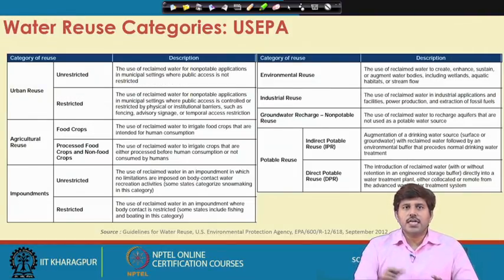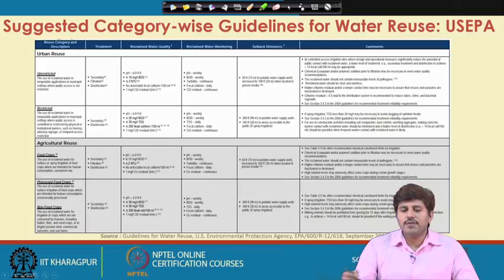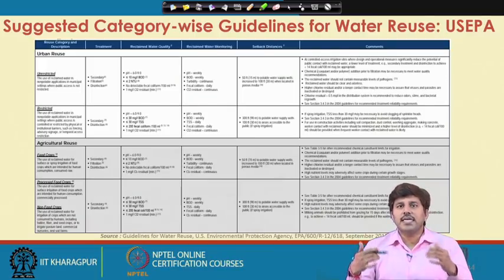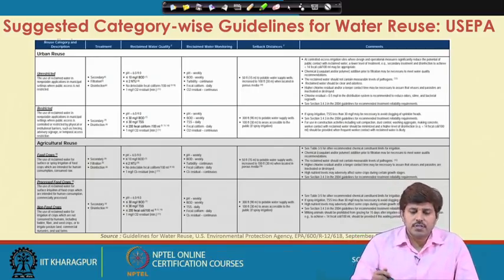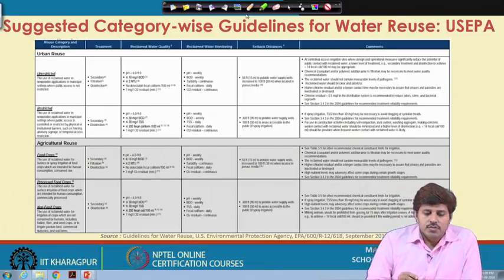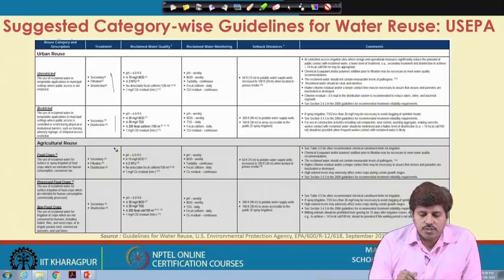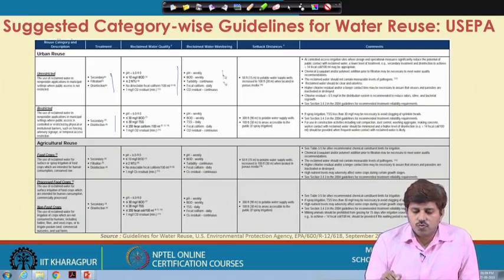So, just a quick recap: US EPA has these different categories of reuse, and for these different reuse categories they have category-wise guidelines which they have suggested. For the urban reuse option, for unrestricted urban reuse, they say these could be the recommended treatment level and these could be the guidelines.